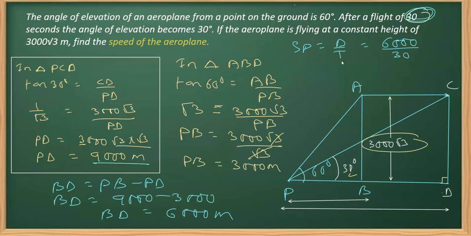It is given here, 30 seconds. So we can say these zeros get cancelled, and we get 200. So 200 meter per second should be the distance covered, and that is the speed, right? We have to calculate the speed. So the speed is equal to 200 meter per second.